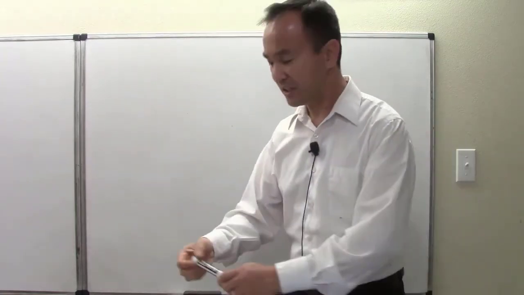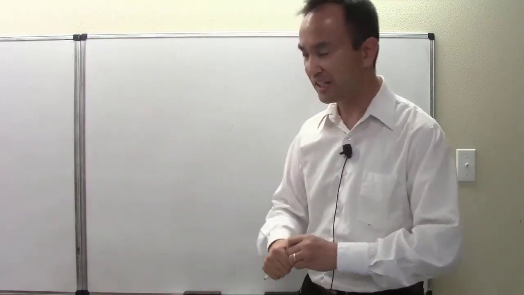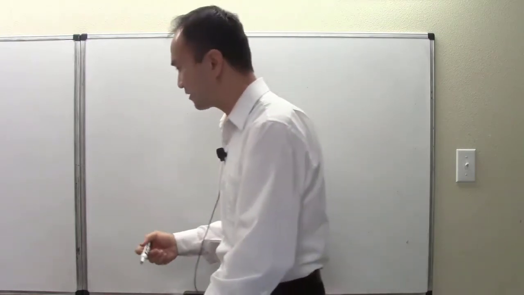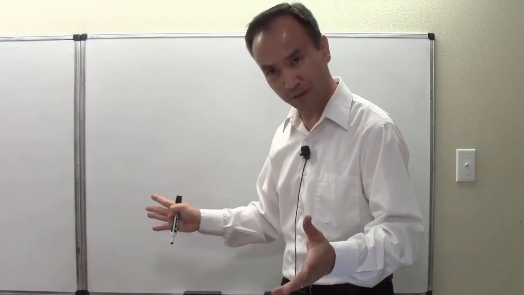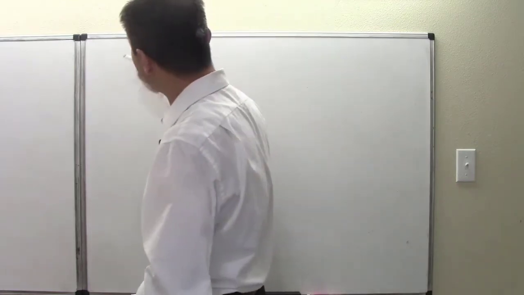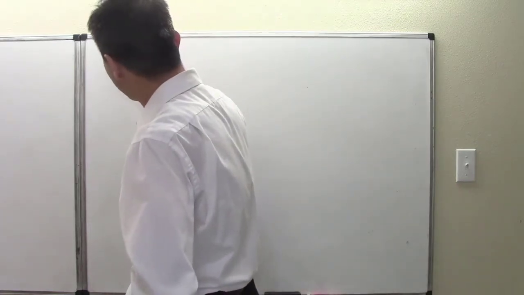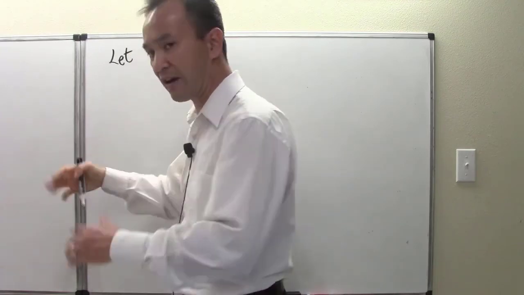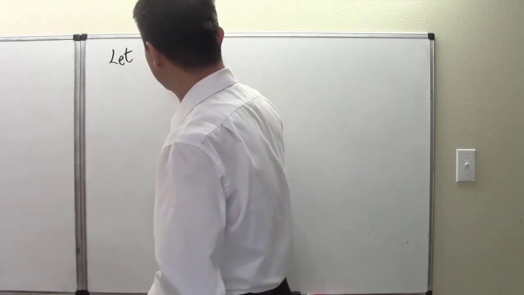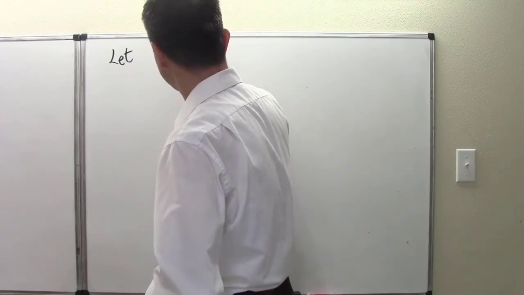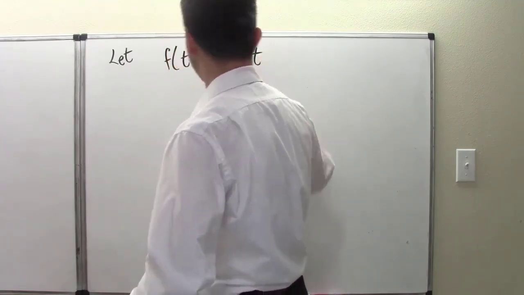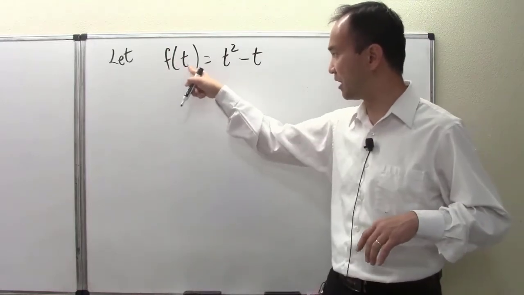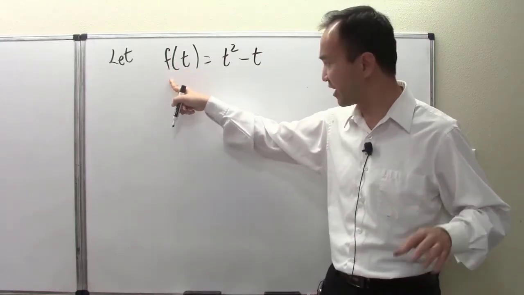All right, so let me now introduce the idea as follows. It's not a formal example yet, but I have to demonstrate through a problem. We're going to start out with two functions. Let f of t be t squared minus t. Here t is the variable of this function f, and this function f is a rule.